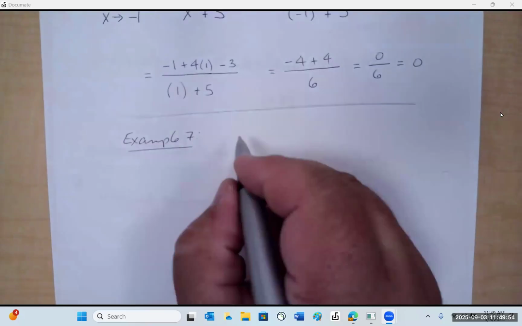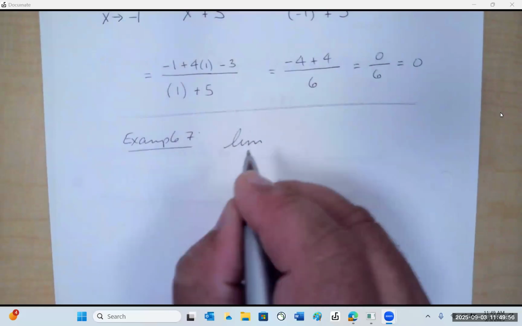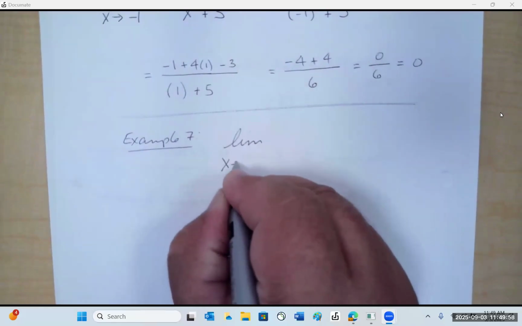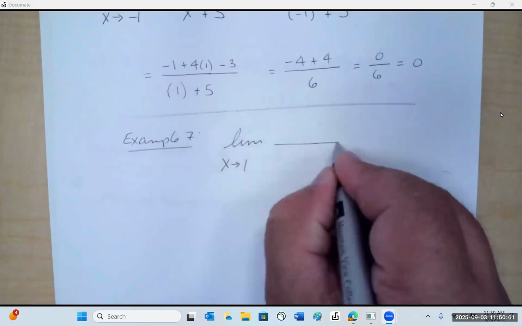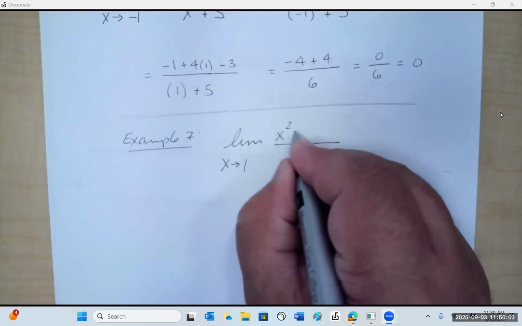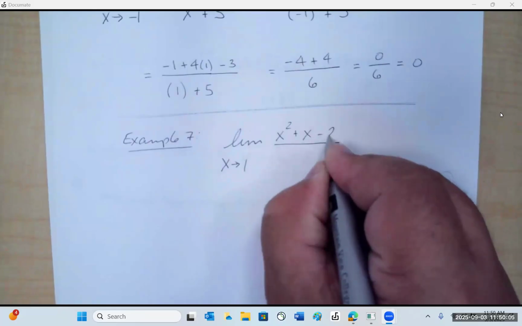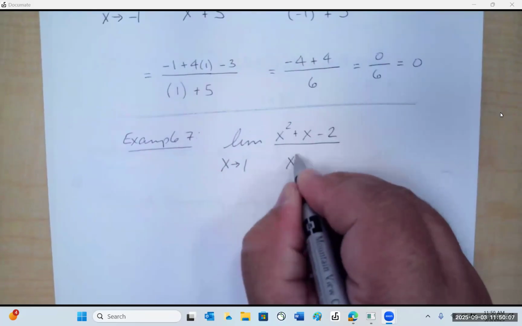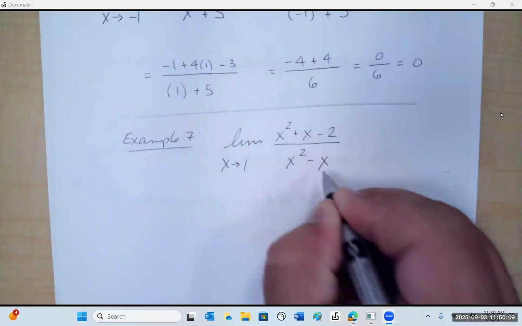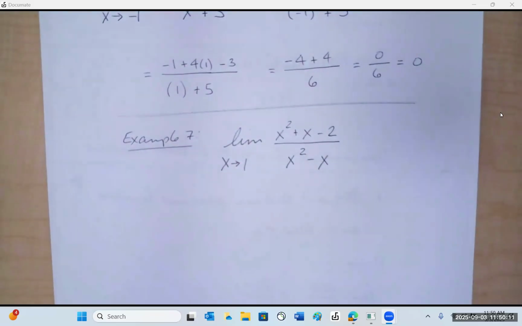Example 7. The limit as x approaches 1 of x squared plus x minus 2 over x squared minus x. First step, first line of attack would be what? Plug it in there.